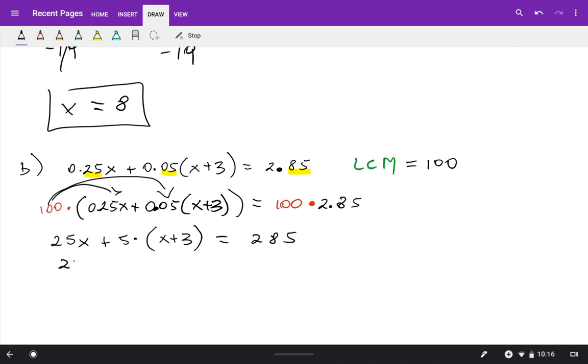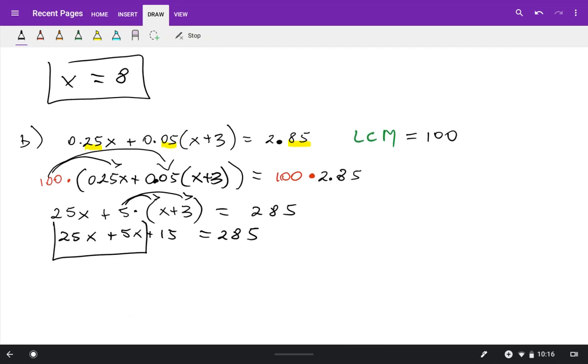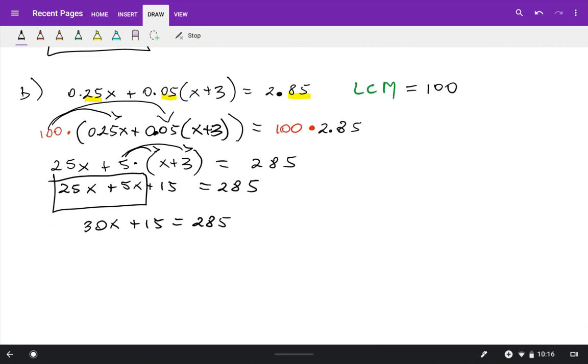So let's simplify. We have 25x plus, let's distribute that 5 now. So we have 5x plus 15 equals 285. Let's simplify. 25x plus 5x will give us 30x plus 15 equals 285. Next, we see positive 15. We need to move it to the right side.